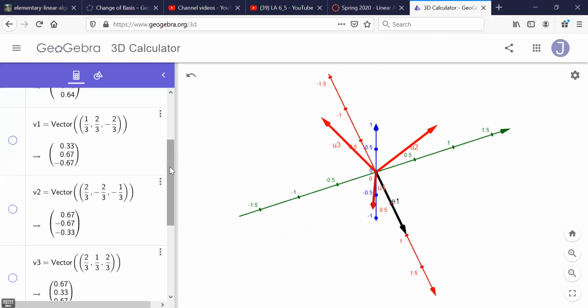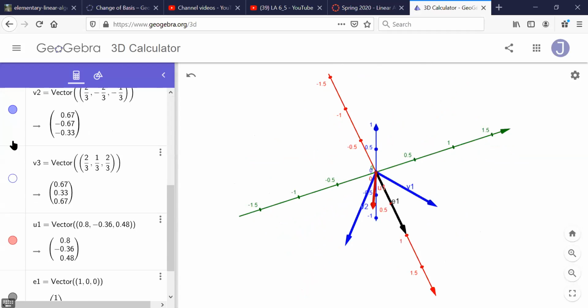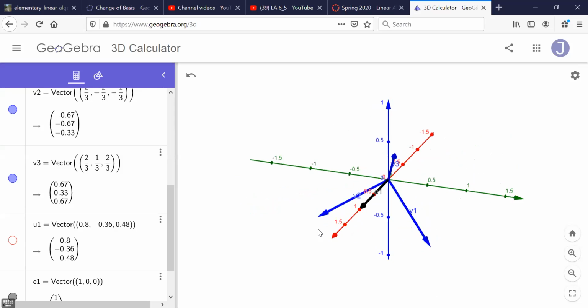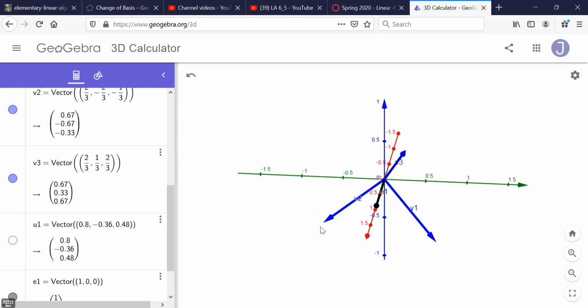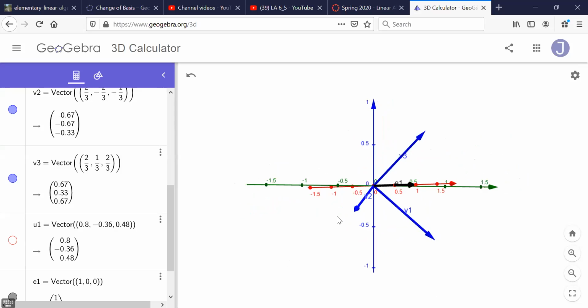Those are our red U1, U2, and U3 vectors. Let's show you the V1, V2, and V3 vectors, which again are just rotations of IJK. It's like taking a box that's got faces in the XY, YZ, and XZ planes, and then just rotating it a little bit about the origin.